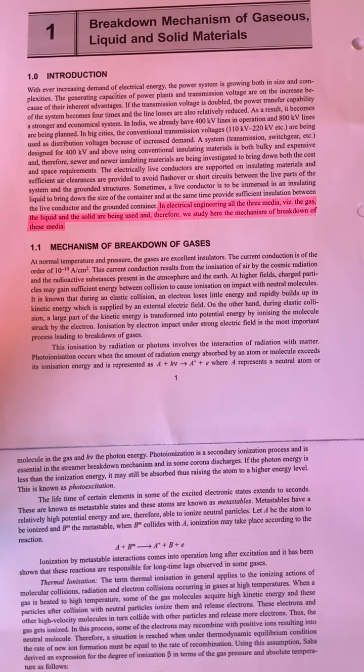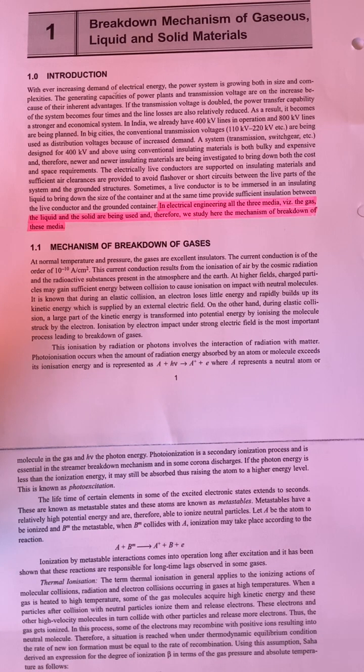So you have a neutral particle, you subject it to what we call photon energy, and that process leads to photoionization. And this photoionization is a secondary ionization process and is essential in the streamer breakdown mechanism. So there's another breakdown mechanism referred to as the streamer breakdown mechanism, as well as in some corona discharges. Okay, so there's a link there, there's a relationship there.